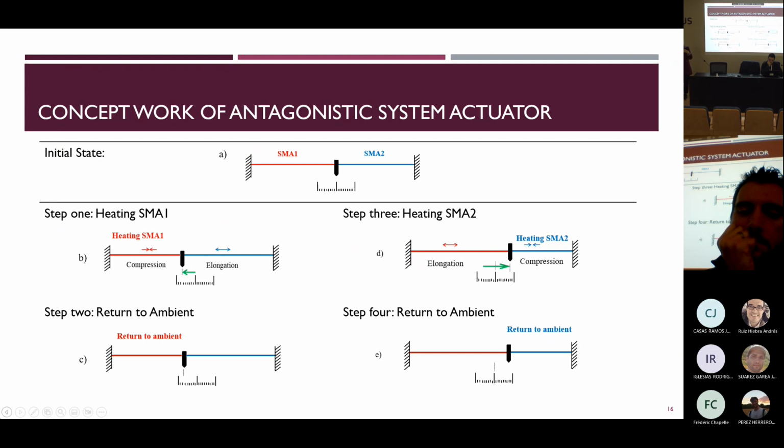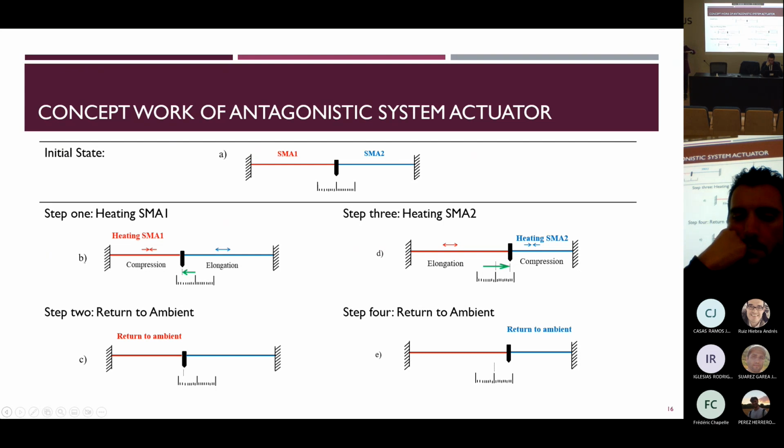So the cycle that we are going to work on is heating the first wire in order to compress it, so it elongates the second wire. Then we heat it by the voltage we apply. Now we should cool it, not to deform it. There is no displacement during cooling, only to preserve the crystalline phase.